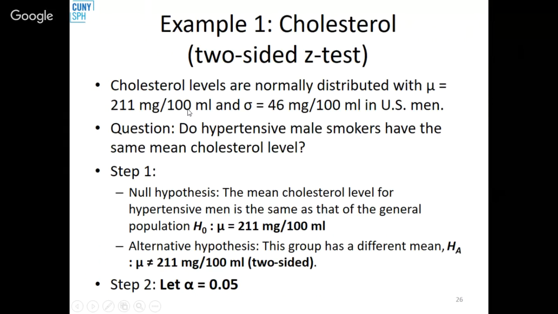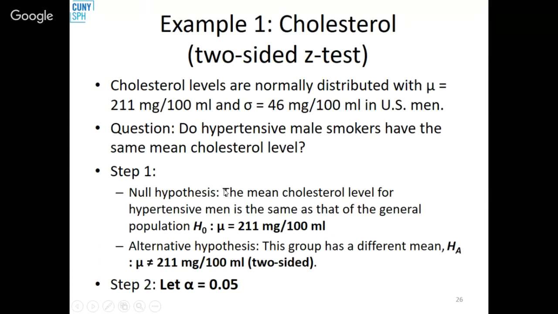So going back to this cholesterol example, if cholesterol levels are normally distributed in US men with a mean of 211 and a standard deviation of 46, we have this question of, do hypertensive male smokers have the same mean cholesterol level? I'm going to go through these steps. Step 1, writing down the null hypothesis.